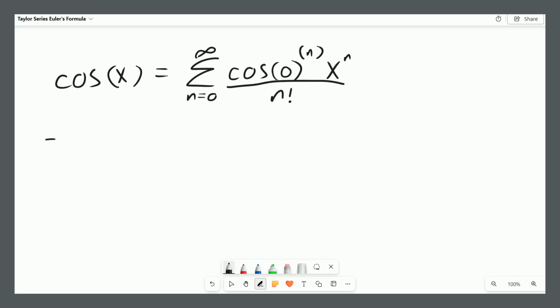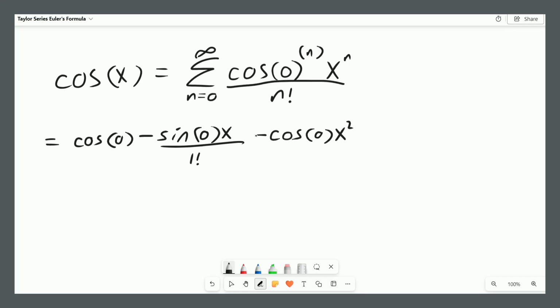So first we just have the cosine of 0. Then we have the derivative of cosine at 0, which is negative sine at 0 multiplied by x divided by 1 factorial. Then we have the derivative of negative sine, which is negative cosine, at 0 times x squared divided by 2 factorial.